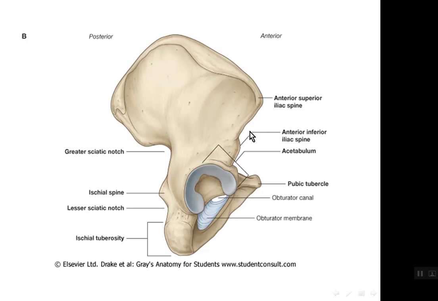After speaking about the iliac portion, let's see the features of the pubic bone. In the pubis, we have a part whose name is the pubic tubercle. The pubic tubercle is a place for attachment of the inguinal ligament, at its internal part.